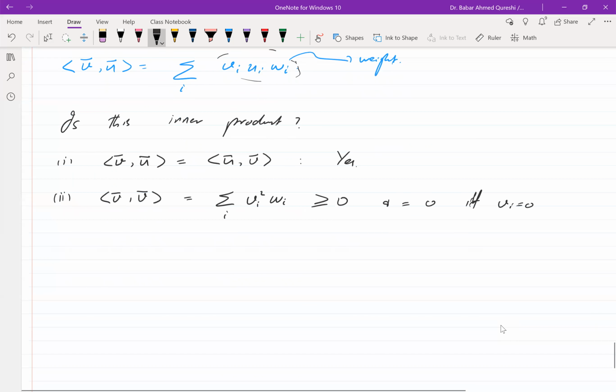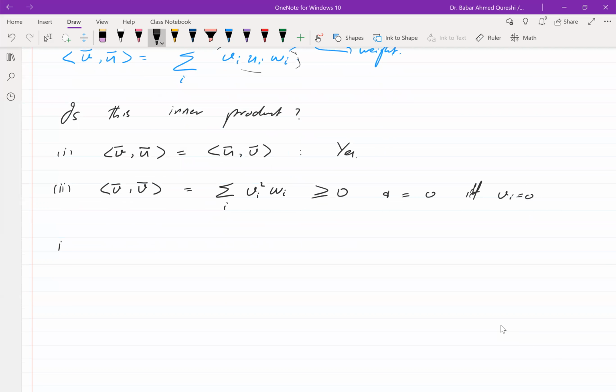W's are all positive. So the second condition is also fulfilled, because you have to check that the scalar product of V with itself has to be greater than 0 and equal to 0 only if the vector itself is 0. And this one also holds, you can very easily check. Hence, it's a scalar product or inner product.